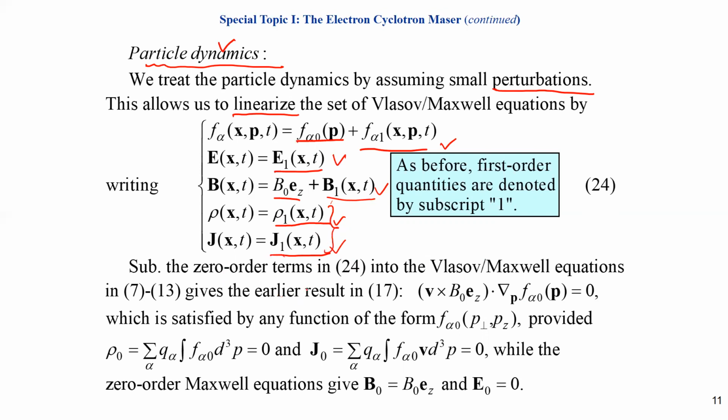Substituting the zero order terms into equation 24, the Vlasov-Maxwell equation, which is satisfied by any function of the form provided here. Zeroth order, and here.